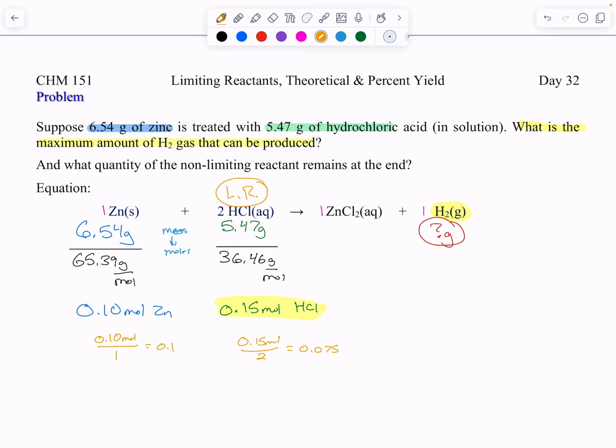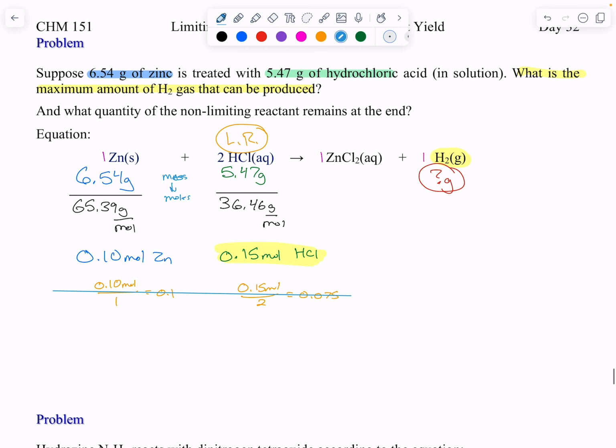I want to ignore that one completely. So now, I take my moles of limiting reactant, 0.15 moles of HCl.